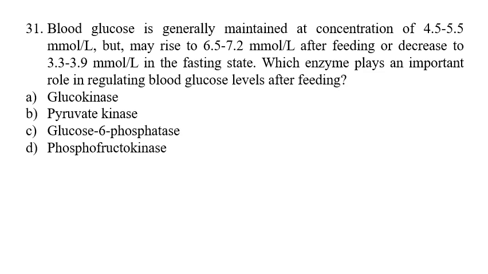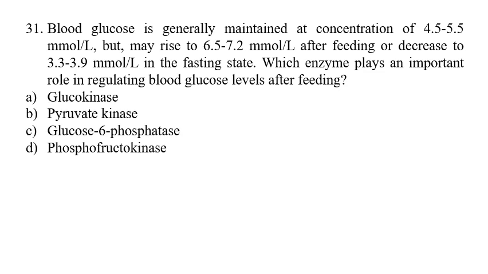Blood glucose is generally maintained at a concentration of 4.5 to 5.5 millimolar per liter, but it may rise to 6.5 to 7.2 millimolar per liter after feeding or decrease to 3.23 to 3.9 millimolar per liter in the fasting state. Which enzyme plays the important role in regulating blood glucose level after feeding? ठीक है?